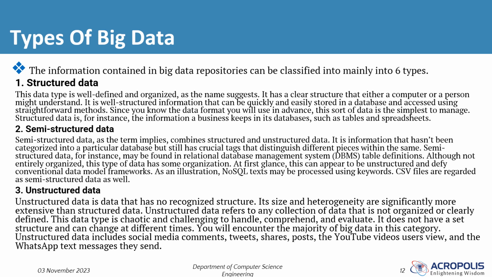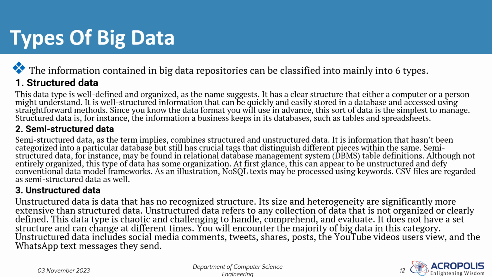Second, semi-structured data. Semi-structured data, as the term implies, combines structured and unstructured data. It is information that has not been categorized into a particular database but still has crucial tags that distinguish different pieces within the same semi-structured data.